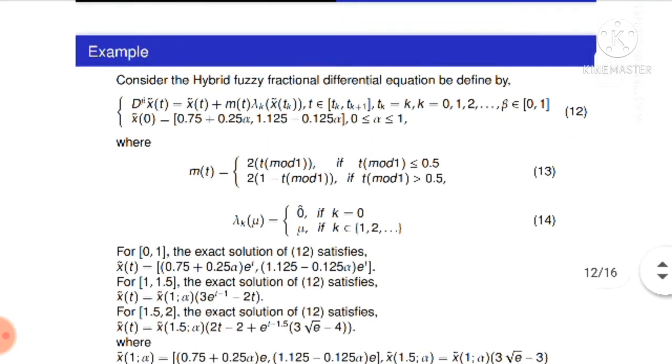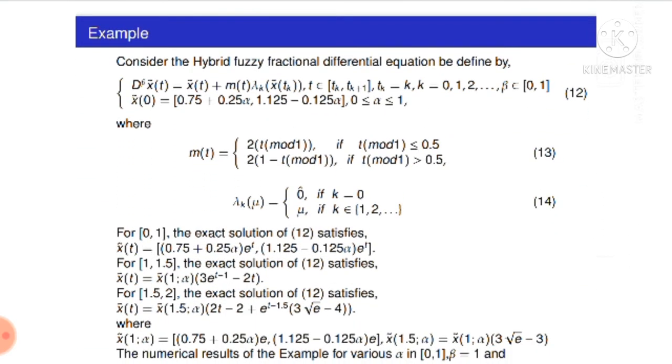Example of this paper: consider the hybrid fuzzy fractional differential equation defined by D^β x(t) equal to x(t) plus m(t) λk x(tk), t belongs to [tk, tk+1], tk, k equal to 0, 1, etc., β belongs to (0,1).